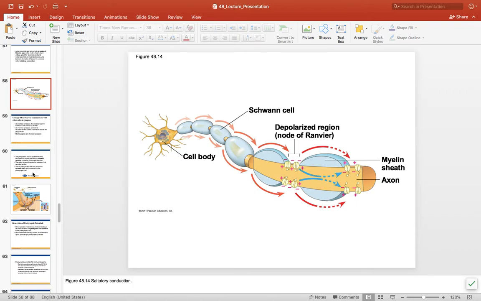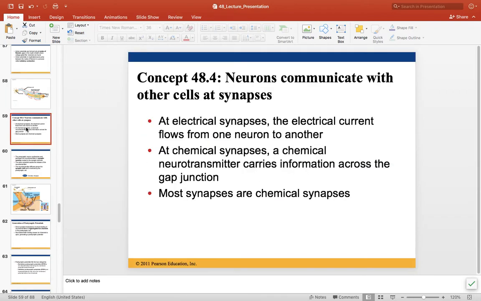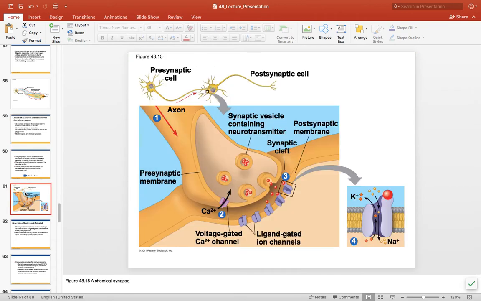Okay, lastly, let's talk about how neurons communicate with other cells at synapses. So we talked about how from cell to cell, there's going to be a gap between the synaptic terminal of one cell and the body or dendrite of the next cell that has to get the message.